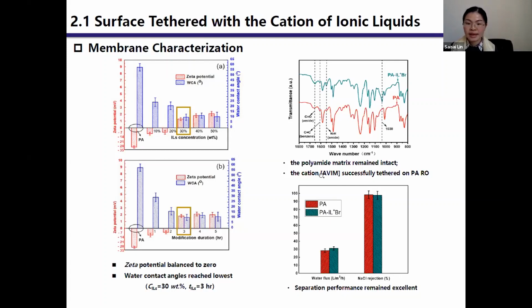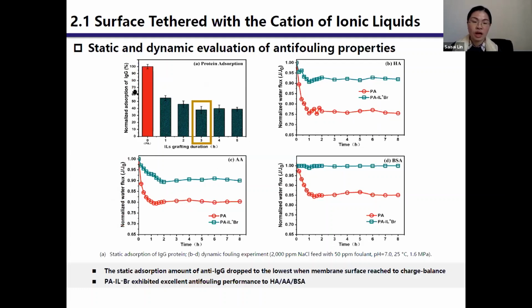So we think the cation AV-IM was successfully grafted on the PA membrane, and because of the mild and solvent-free process, the separation performance of the modified membrane was quite similar to the pristine membrane, that was acceptable and quite unchanged.